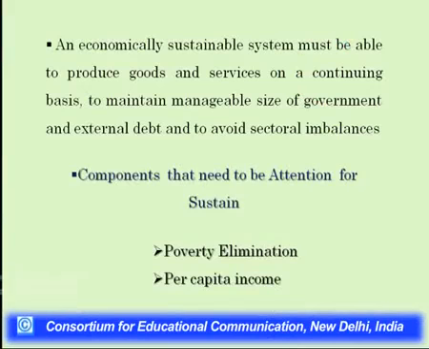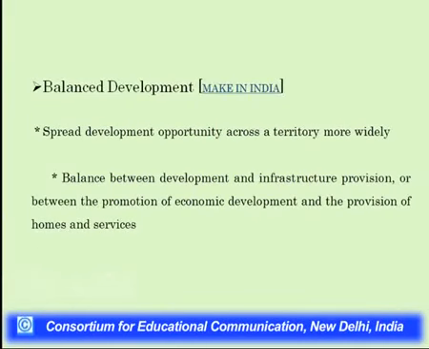Friends, the components that need attention for sustainable development in the present society economy are poverty elimination and per capita income. Poverty elimination and per capita income will bring balanced development.